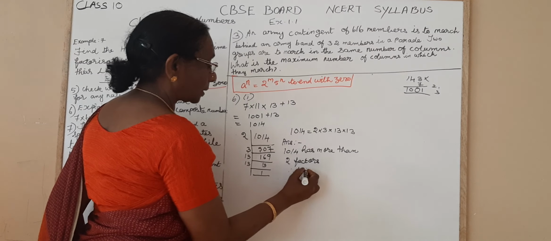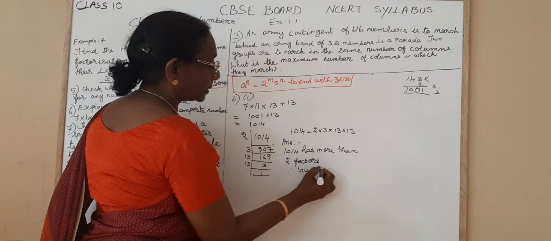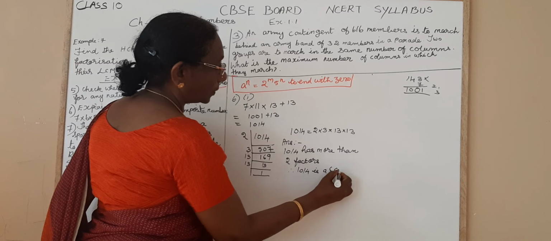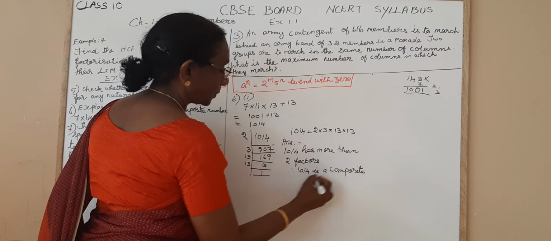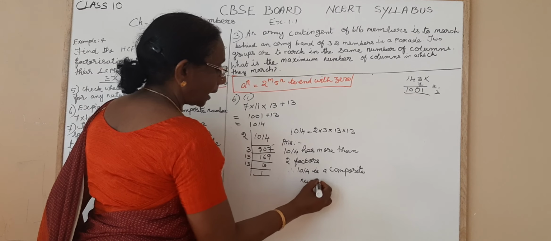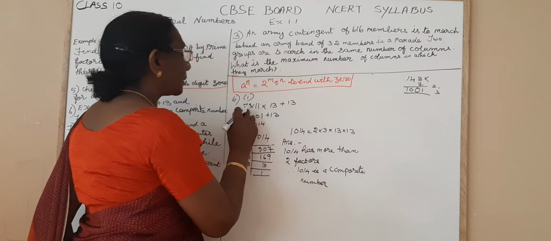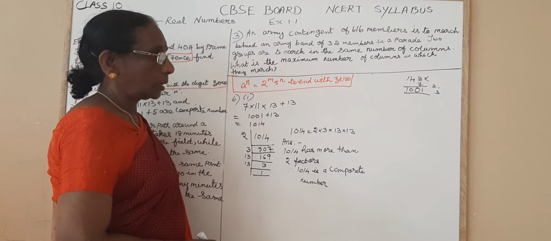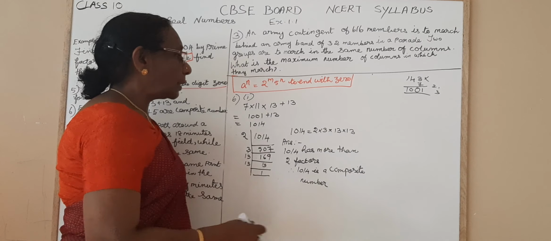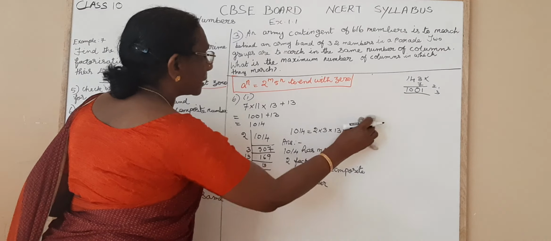Therefore, 1014 is a composite number. That means 7 into 11 into 13 plus 13 is a composite number. Have you understood, children? The same way we can do the next sum.